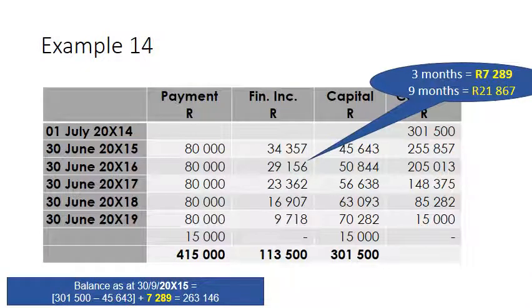The amortization table for example 14 is exactly the same as for example 13. The only difference is that the 15,000 is now an unguaranteed residual value. In example 13, it was a residual value guarantee.